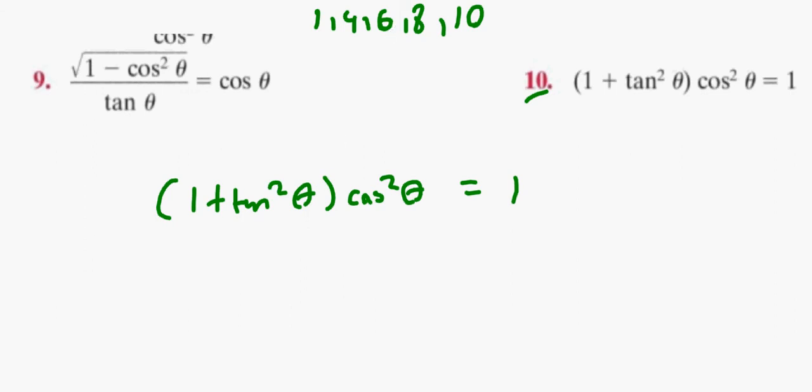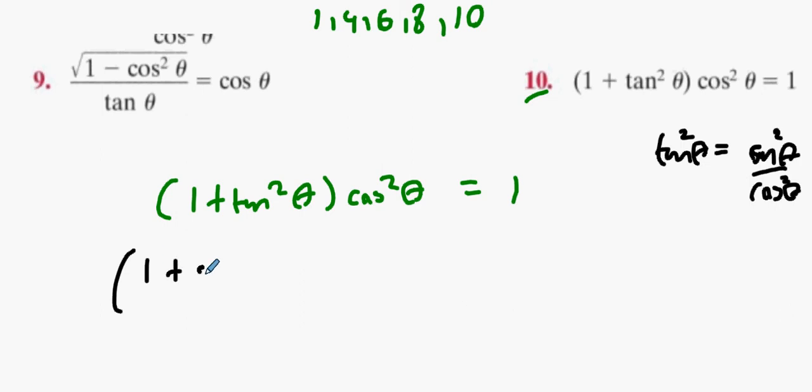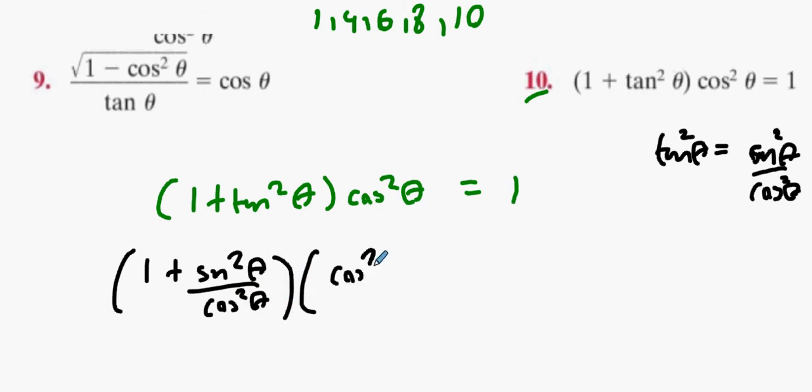I'm going to do what I did last time. Tan theta equals sine theta over cos theta. I'm going to square both sides, and then I'm just going to say it's 1 sine squared theta over cos squared theta multiplied by cos squared theta. I'm going to multiply that out.